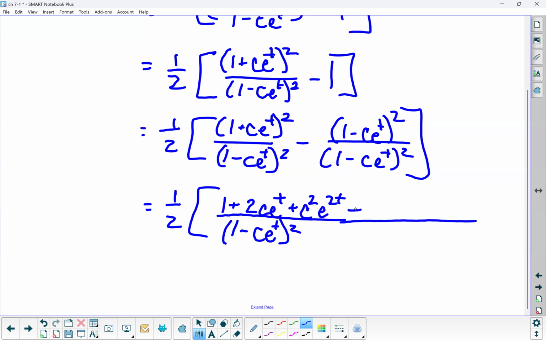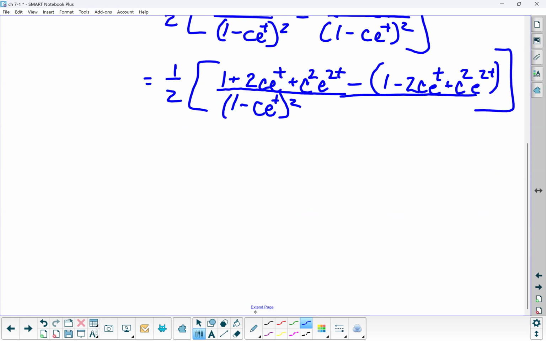And then I'm going to subtract 1 squared, which is 1, minus 2ce to the t plus c squared e to the 2t. That's just using the binomial theorem to expand that expression.